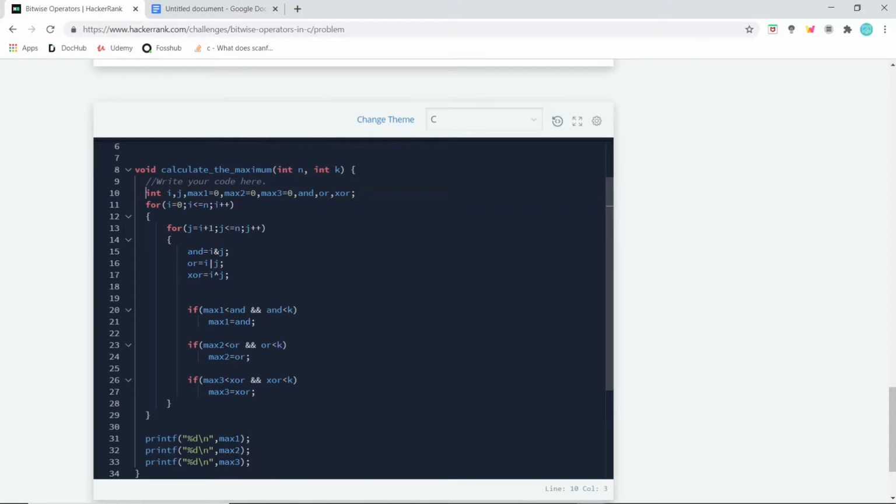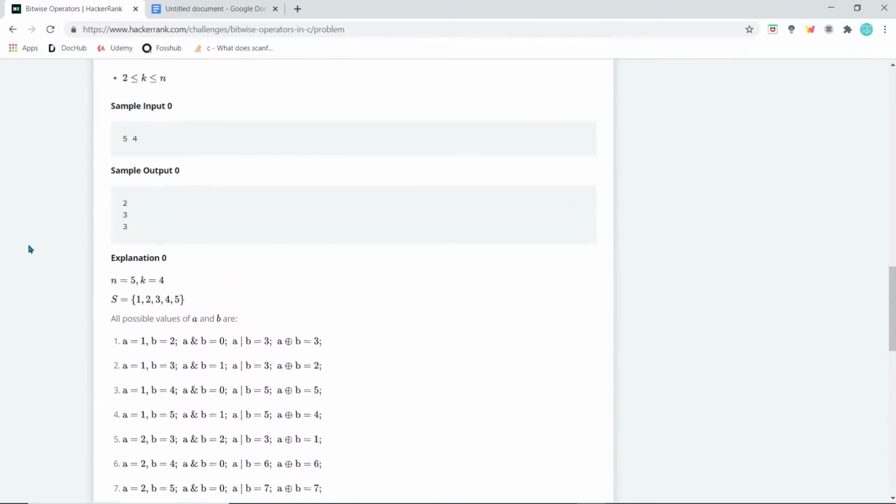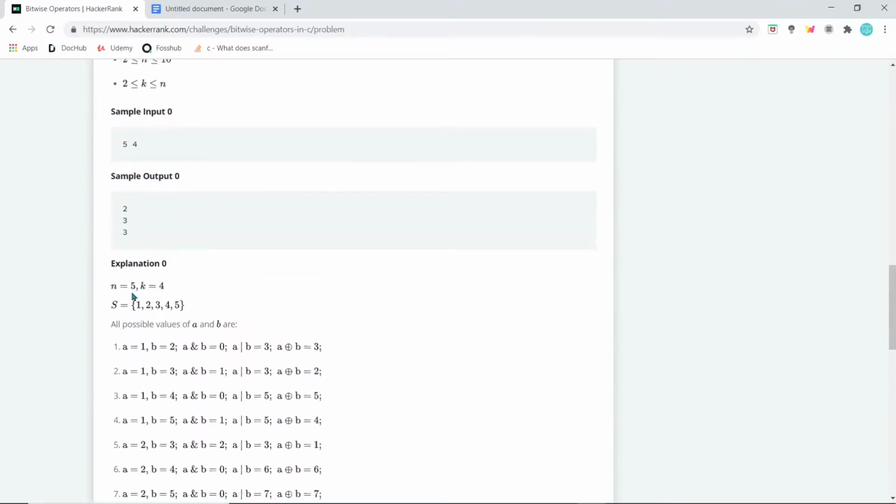Now all these variables are declared. Now we have to use those variables. So we have a for loop inside a for loop. First we start with i is equal to 0. Okay, i is starting from 0 and i is less than or equal to n. So we remember n was our limit for the possible set of values. We have n is equal to 5, so the possible set of values will be 1, 2, 3, 4 and 5, right?